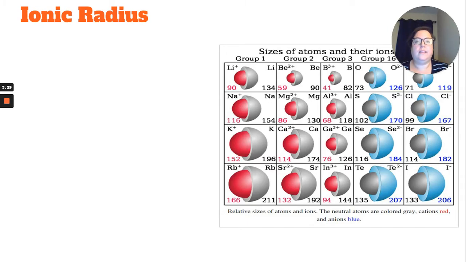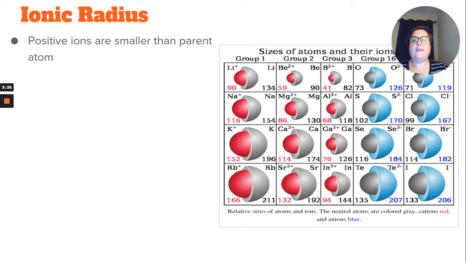All right, ionic radius is kind of related to atomic radius because you have that parent atom of what it is when it's neutral, and then you have to look at what happens when you gain or lose electrons. So positive atoms or ions, hopefully you remember that they are called cations, lose electrons. And so what we see is that whole valence shell disappears.